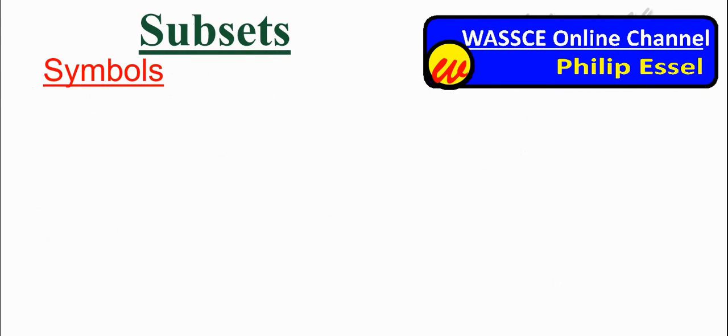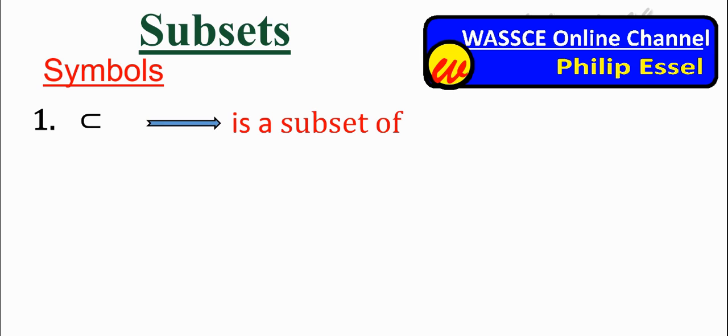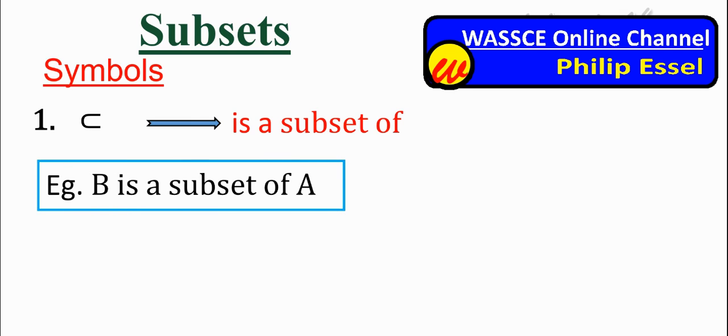Now, under subsets, let's look at the following symbols. This is the first symbol. It means it's a subset of. Let's look at how we can use this symbol. Example, we have B is a subset of A. Now, this phrase, is a subset of, can be replaced by its symbol.